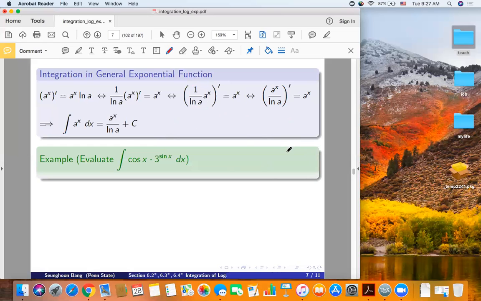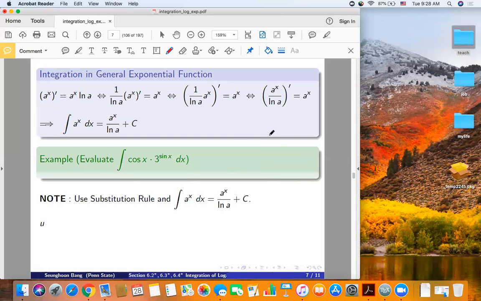So we try to solve this problem. How can you solve this problem? What kind of method do you want to use? Yes, u substitution. Yeah, thank you, a lot of you. This is u substitution.